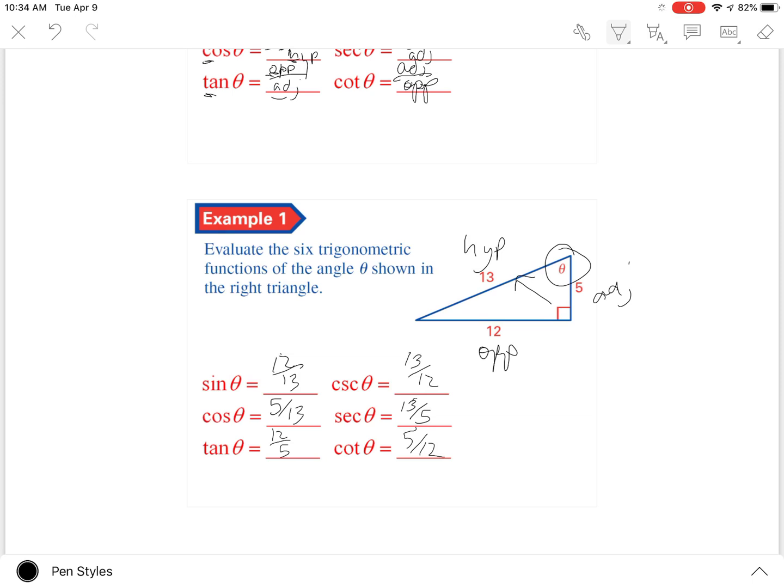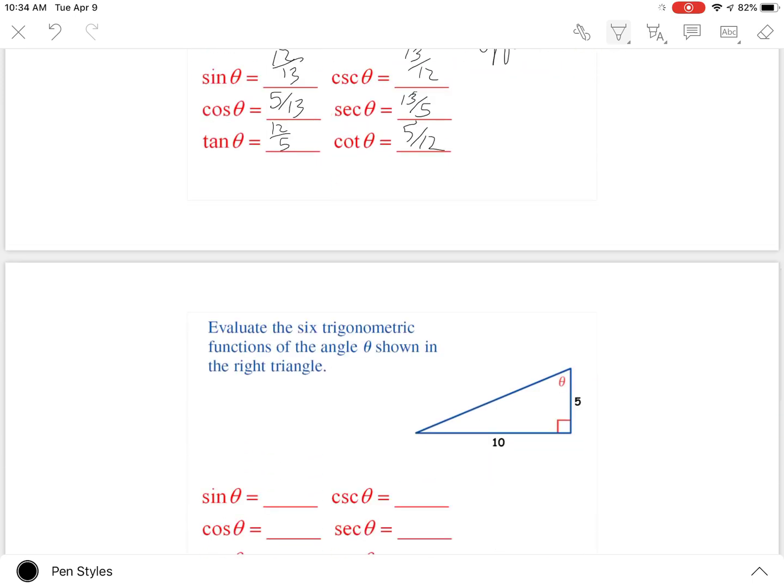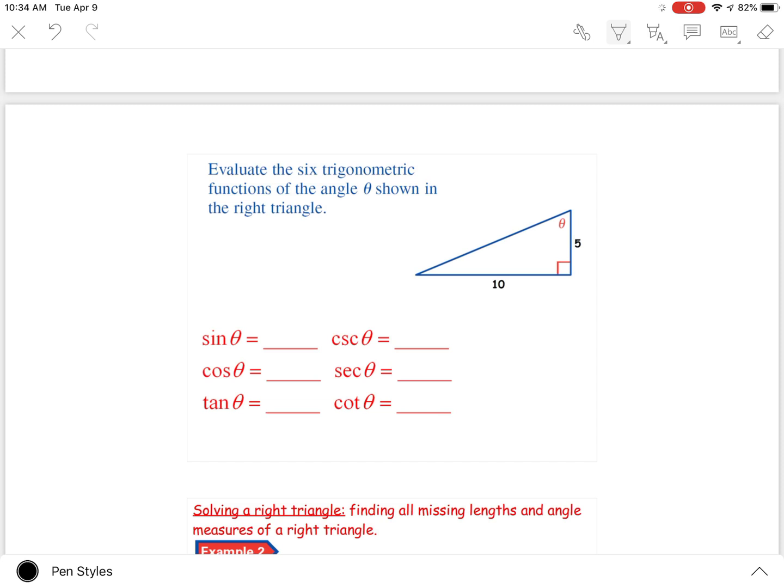Okay, the 3 reciprocals. Now, what to do if I don't have the missing side? Well, in a right triangle, I can use the Pythagorean theorem, where these two would be the legs, and this is supposed to be an equal sign, the hypotenuse. Now, I'm trying to find the hypotenuse, and here are my legs. A and B are interchangeable, so I'm going to take 5 squared plus 10 squared and set that equal to c squared.